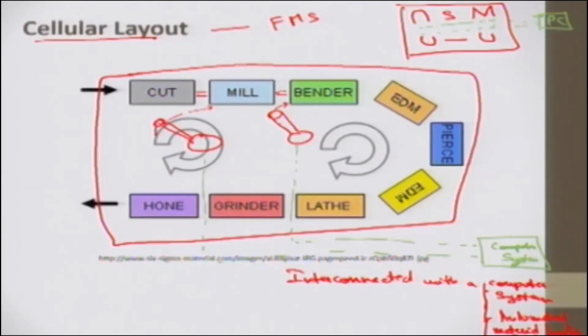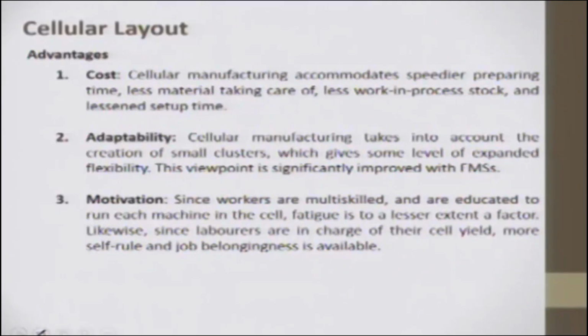And the machines in one cell are CNC machines, and these machines can also be connected to this automated system, so that material handling, machining, processing, and setup are all synchronized by the computer.